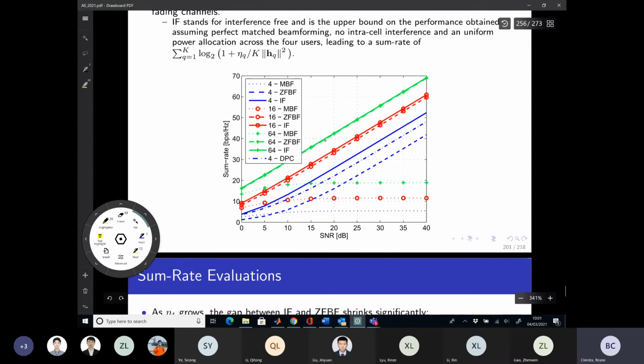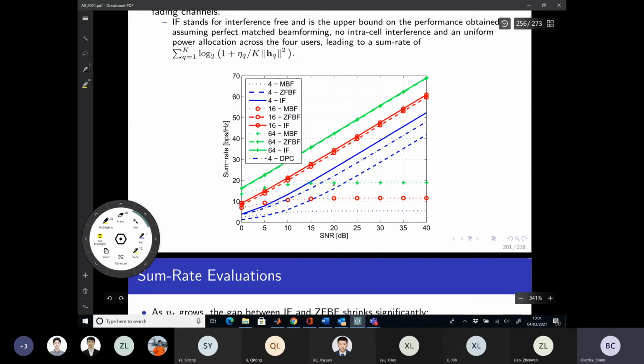This here is obtained by doing zero forcing beamforming, DPC, and the upper bound on the capacity. So you see that they all converge towards the same results. So that means actually just doing zero forcing beamforming here, even without any scheduling, you get actually the capacity, right? That would work really well.